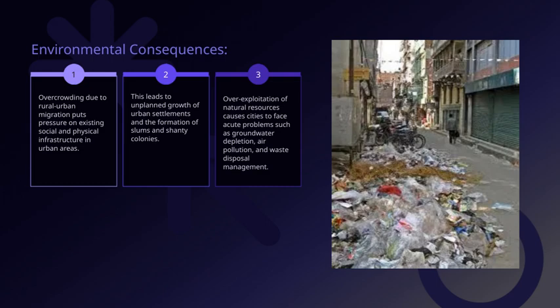As people move into cities in search of better opportunities, the pressure on social and physical infrastructure, like transportation, sanitation, and housing, becomes intense. So, in essence, the overexploitation of resources and rapid population growth are interconnected problems that lead to environmental degradation and urban challenges. Recognizing these links is crucial as we think about sustainable urban development.